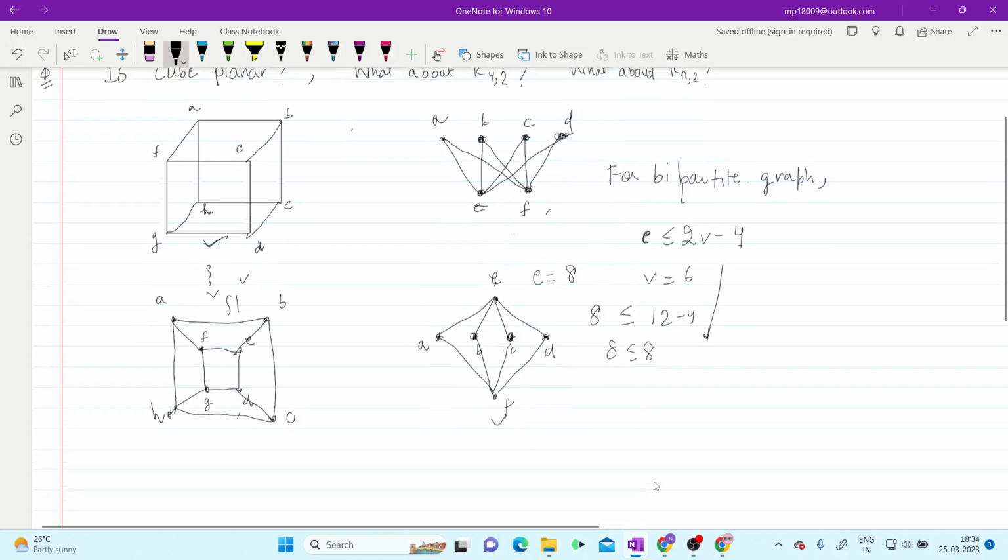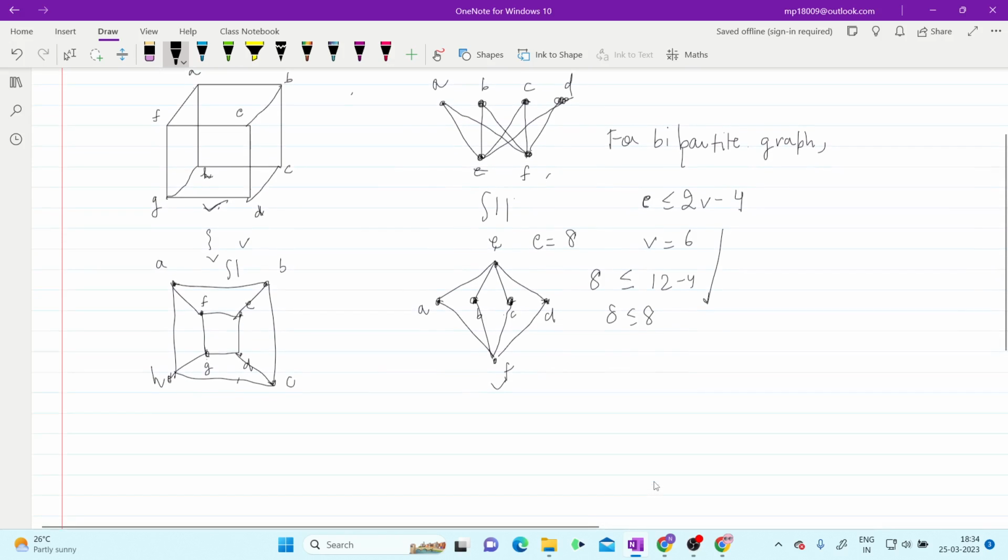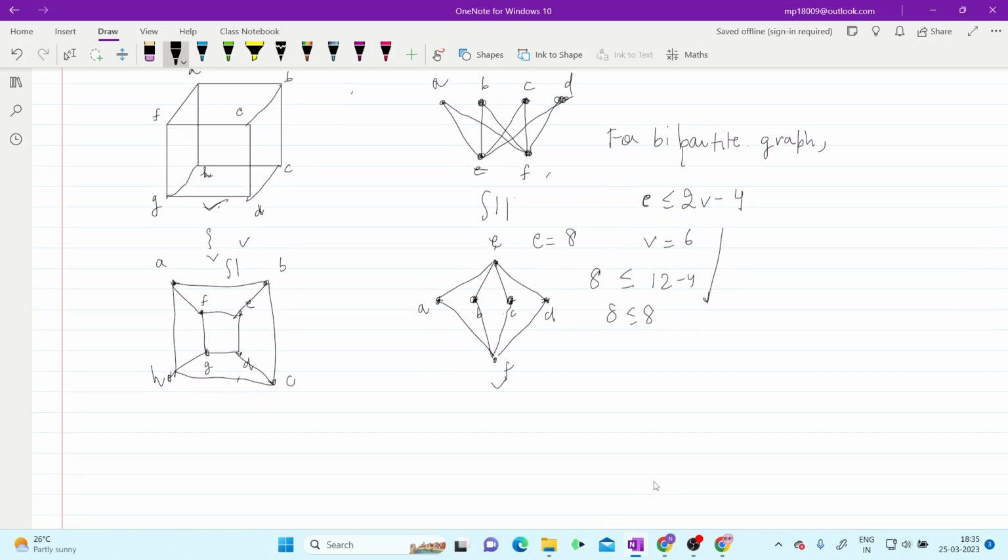We are able to draw a copy, so this is isomorphic to this. Is it clear why K4,2 is planar? Is it clear?